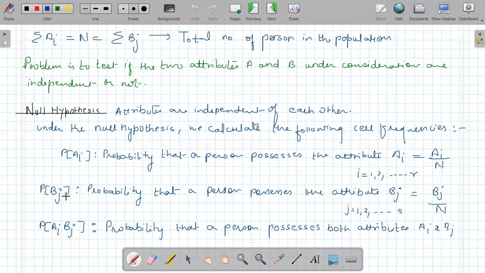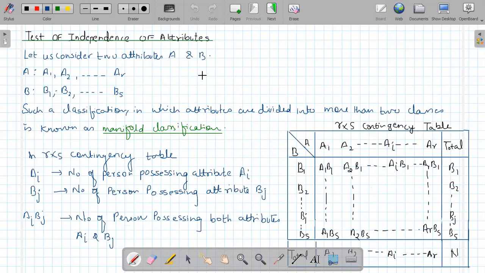Similarly, probability of Bj means probability that a person possesses the attribute Bj. What is the probability that people possess the attribute B1?